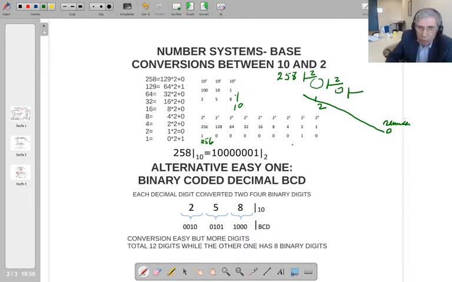This position, 1 times 2 to the power 1, gives you 2. So add them up, you're going to get 258. That's that one. So what is the corresponding base 2 number to this decimal number? It is this.